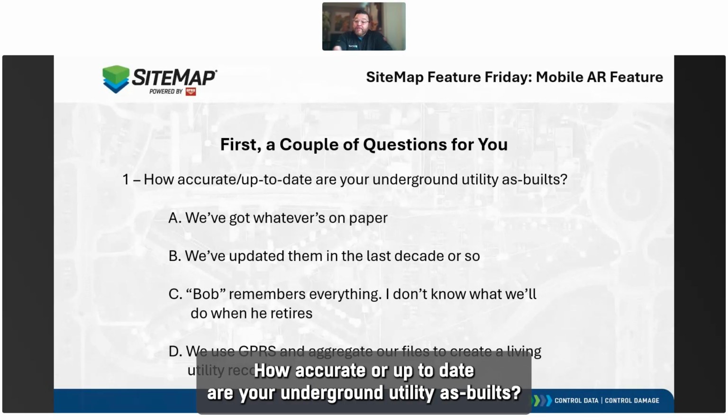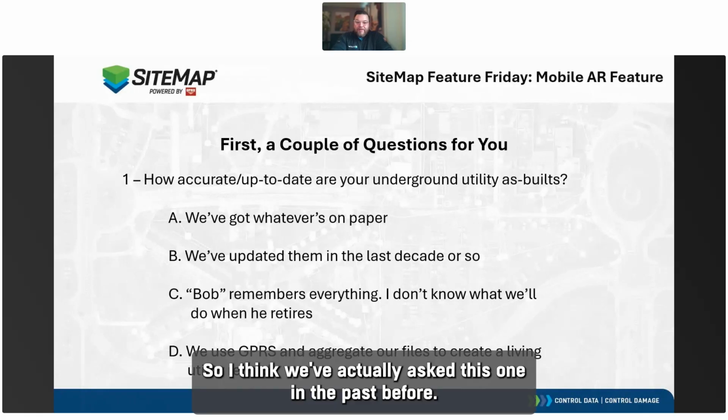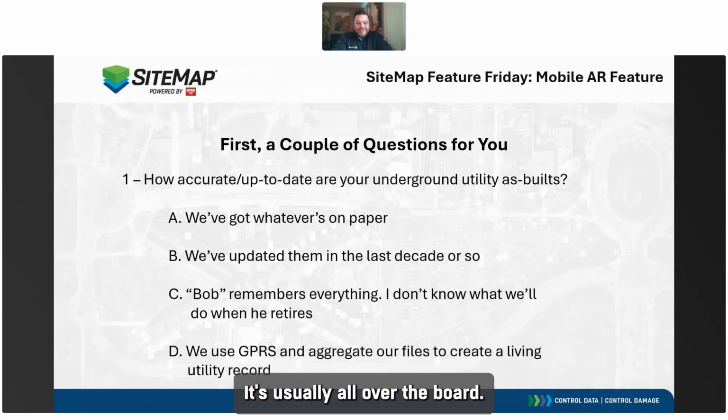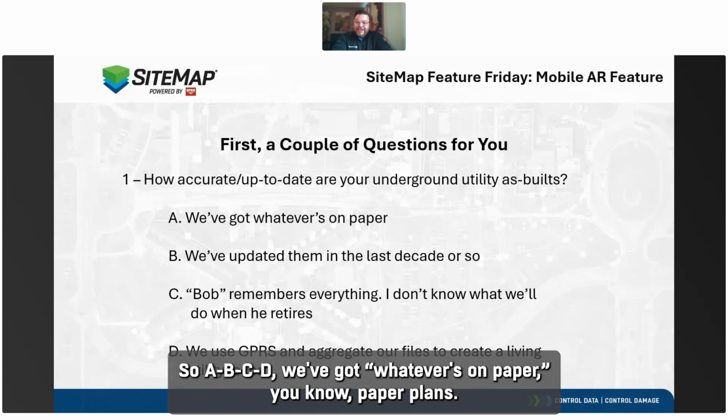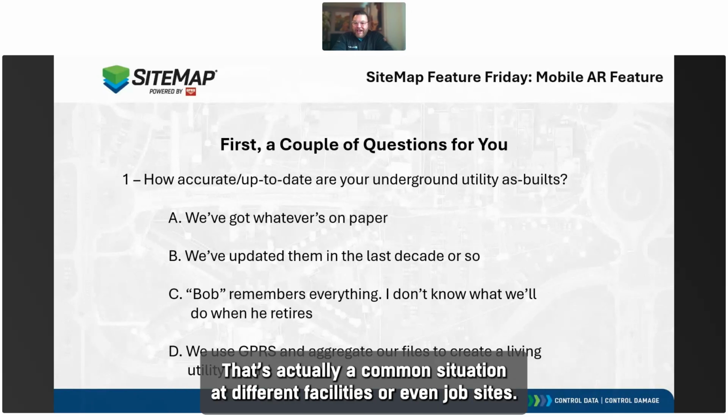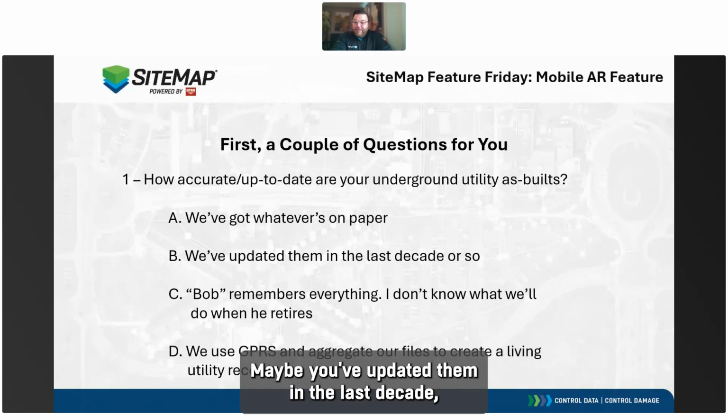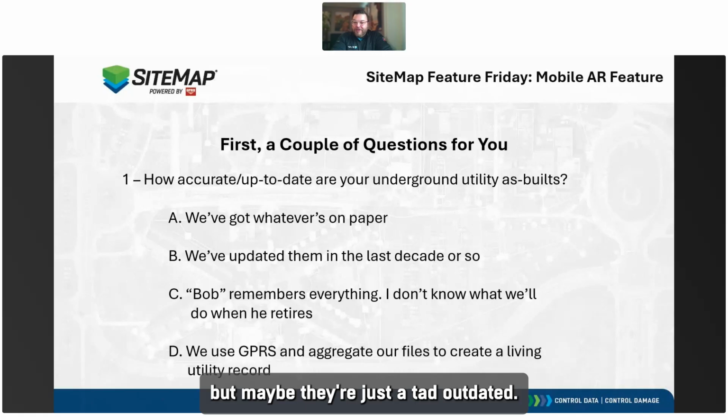How accurate or up to date are your underground utility as-builts? So I think we've actually asked this one in the past before. It's usually all over the board, but yeah, so A, B, C, D. We've got whatever's on paper, paper plans. That's actually a common situation at different facilities or even job sites. Maybe you've updated them in the last decade, but maybe they're just a tad outdated.